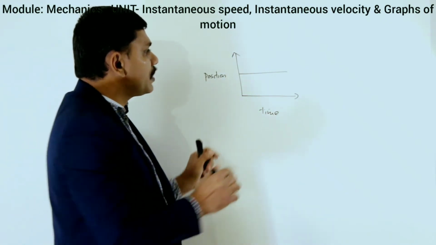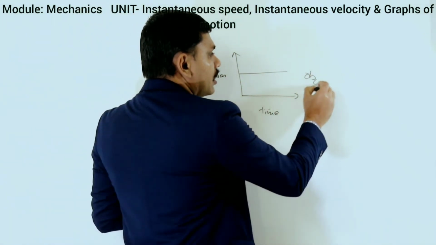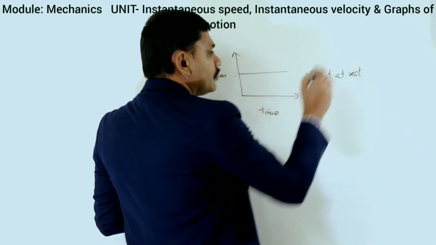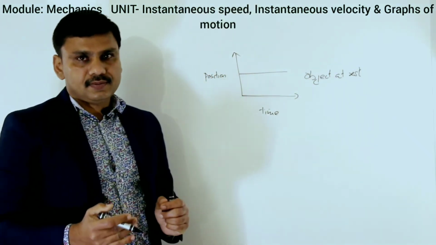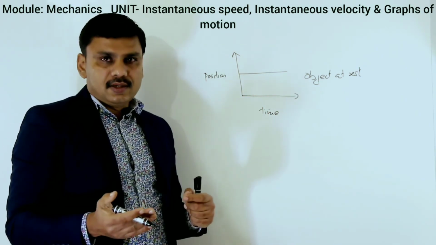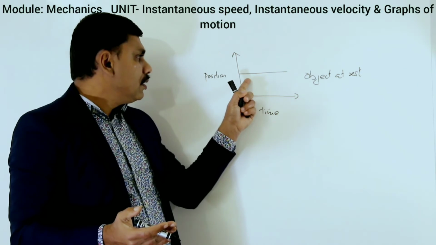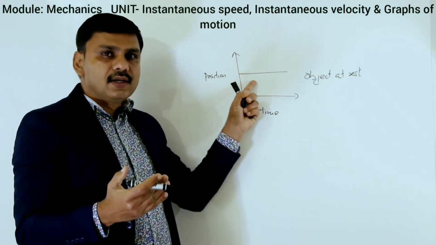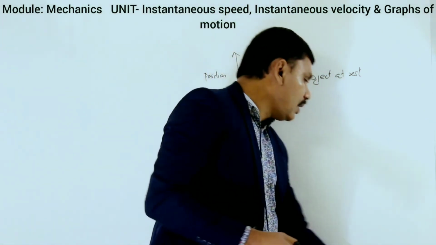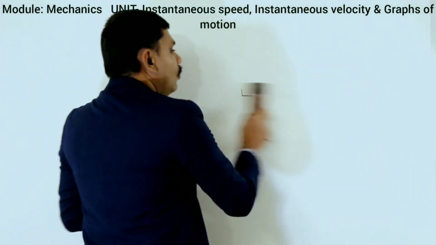So this graph represents an object at rest. The object is at rest because its position is not changing. So from this graph you can say the object is at rest.